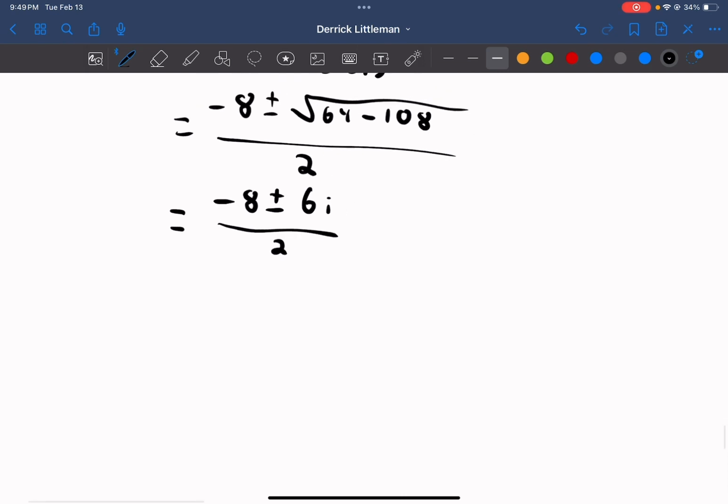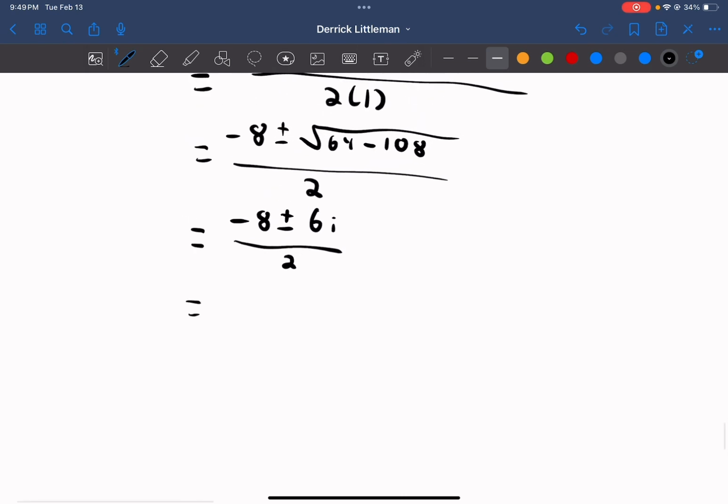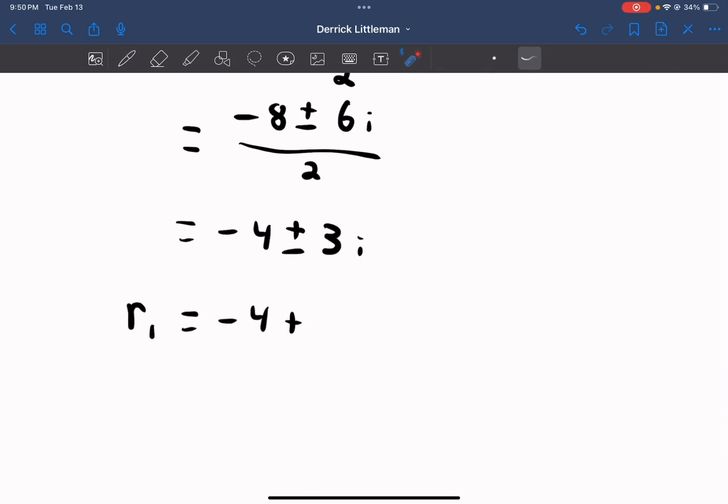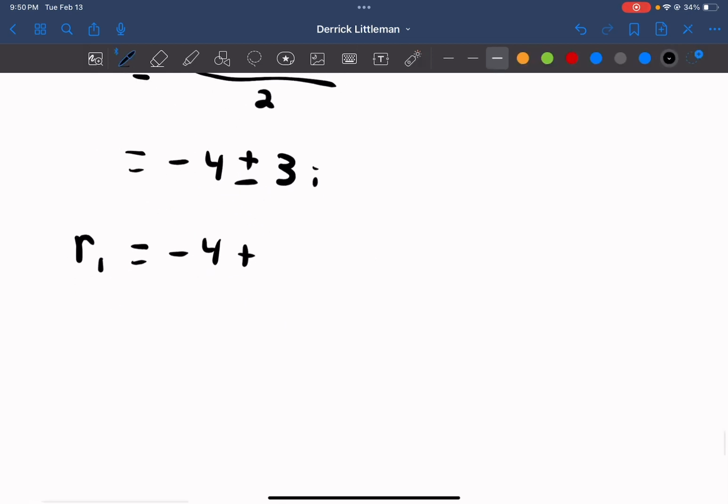If we simplify more, we have negative 4 plus or minus 3i. Sorry, I made a mistake, it is 3i, not 6i. Moving on, r1 is equal to negative 4 plus 3i, r2 equal to negative 4 minus 3i.